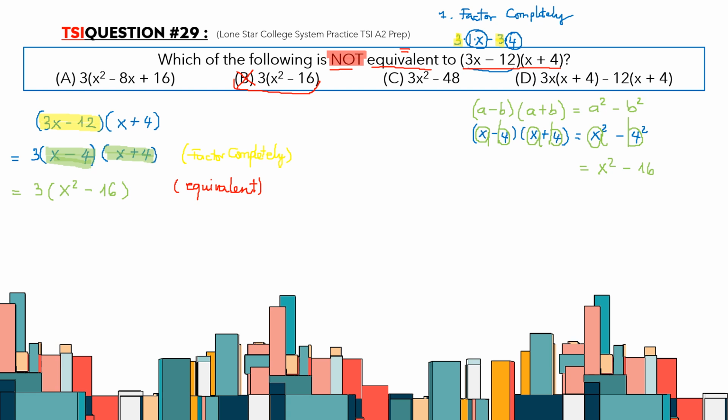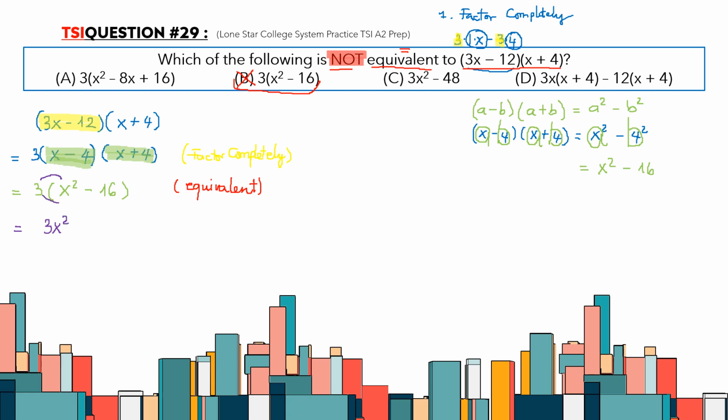Next, we will distribute that 3 inside to see what is the expansion for that expression, right? So we have 3 times x squared, which is 3x squared.